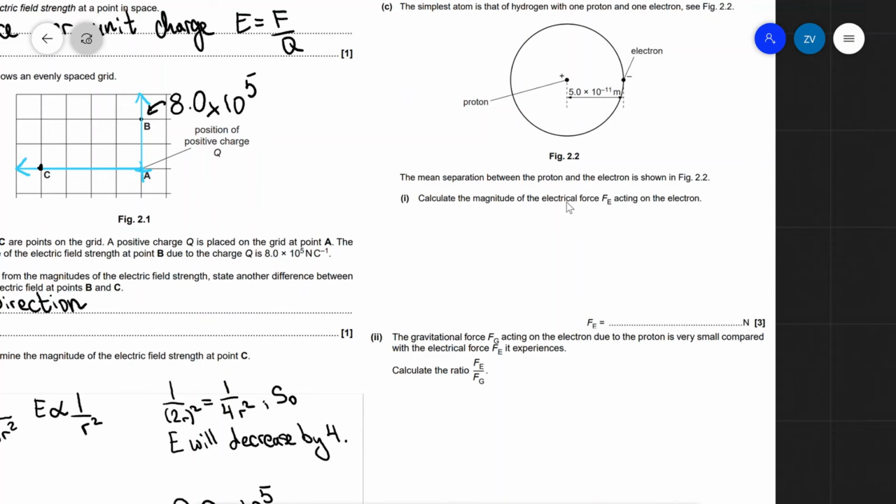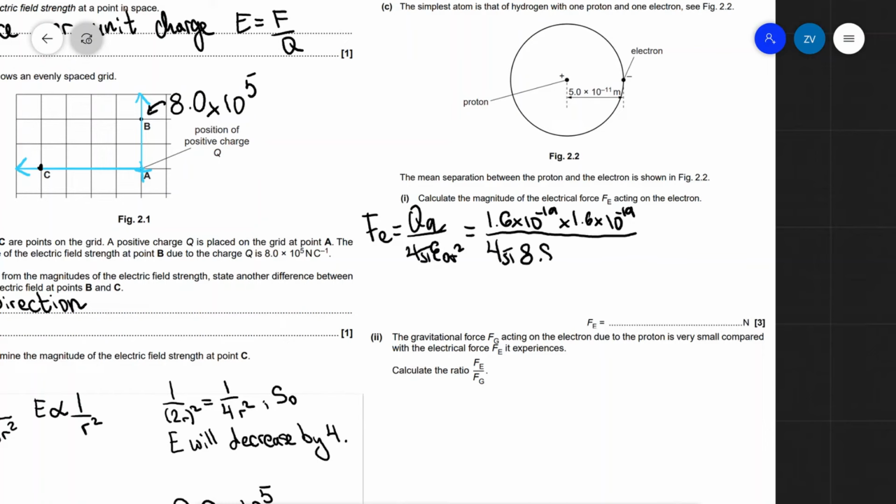Okay, well, the electrical force is given by the product of the two charges divided by 4 pi epsilon naught r squared. So the magnitude of the electrical force will be given by the magnitude of both of those charges. So it's going to be 1.6 times 10 to the power of minus 19 times 1.6 times 10 to the power of minus 19. And then we are going to divide that by 4 pi.